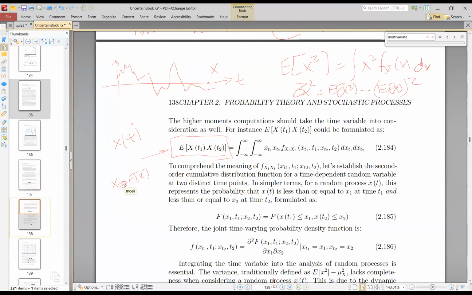Now I have a class, and within this class I have 20 students, and in a certain quiz every student gets a different mark out of 10. Some get 5, some get 10, some get 1, some get 3, 7. So those are like fluctuations.